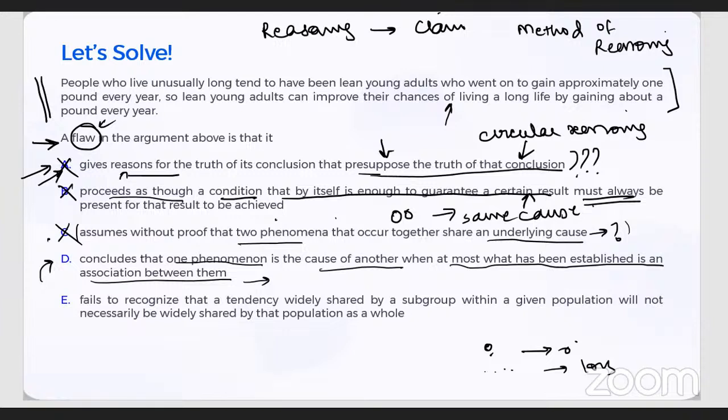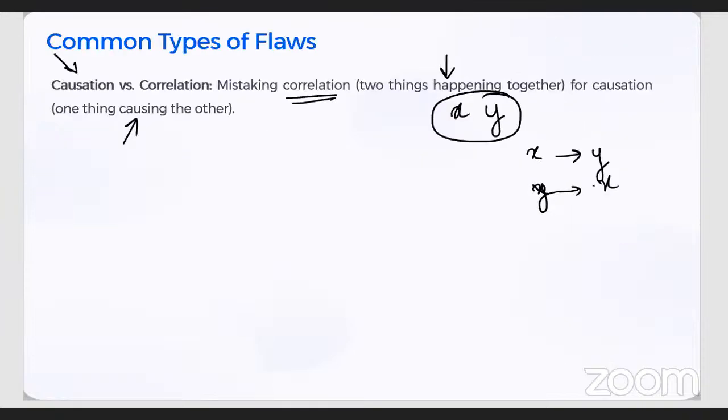I'm just going to quickly recap, for those of you who missed when we were talking about the kinds of flaws, one very common flaw that you see is causation, where what is probably happening is that there are two things happening together and the author seems to think that one thing causes the other. This is a very, very common type of flaw that you see in flaw in the argument questions.